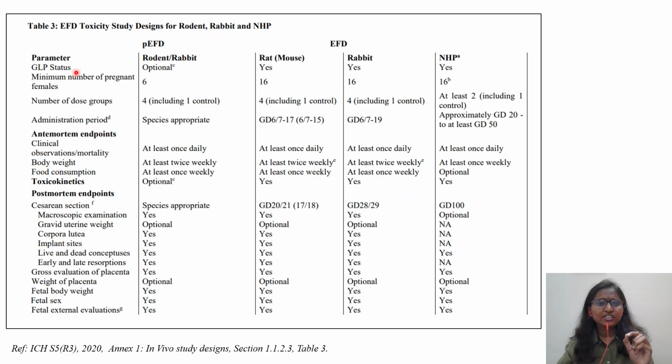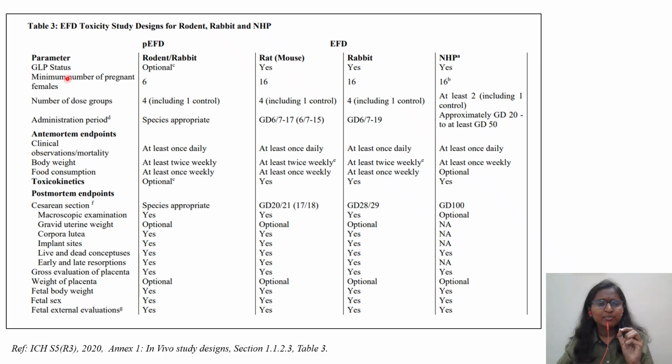By GLP status, there will be some preliminary studies and some main studies. The preliminary embryo-fetal developmental study is optional; you can do it either as a GLP or non-GLP study, but the main study you have to do in GLP only, either in rat, rabbit or non-human primate.